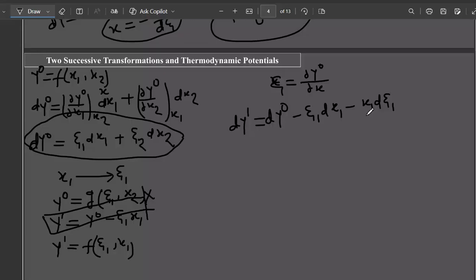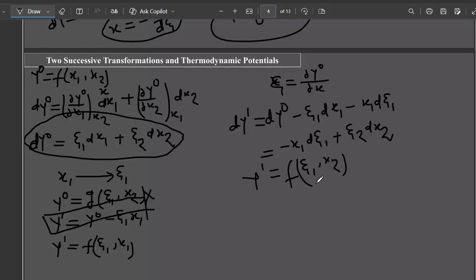Substituting here, we get minus x1 d zeta 1 plus zeta 2 dx2. So from here we easily conclude that y1 is a function of zeta 1 and x2.